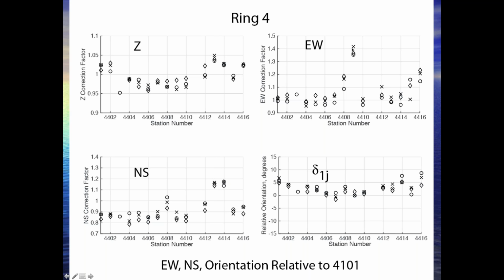We have a 40% change from 1 for this particular station. And so this is a very important correction to apply to be able to do wave gradiometry. And here is a view of the orientation of those seismometers in the field around ring 4. They vary by pretty much plus or minus 5 degrees.